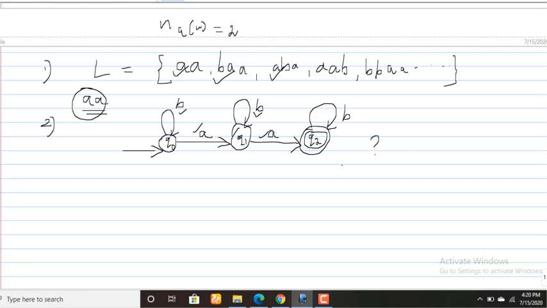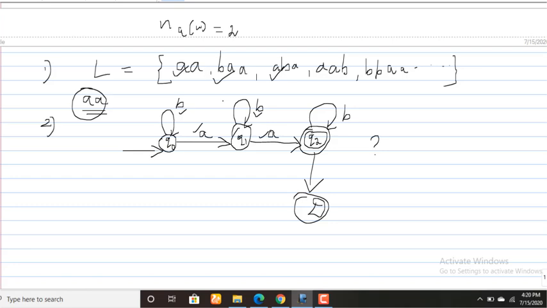Okay, here if A comes after Q2, then we can trap that A into the dead state. Okay, because your automata should accept the number of A equal to 2.